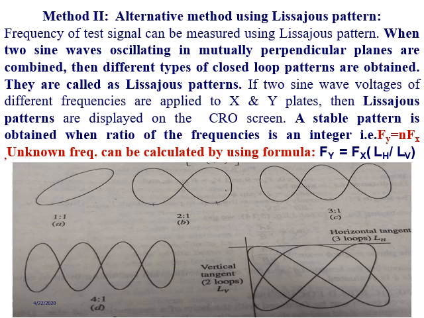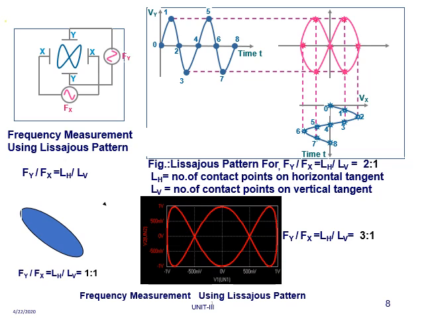A few examples are discussed in the next slide. So here you see in this figure we are getting the horizontal 8 figure, that is the closed loop pattern or Lissajous pattern of figure of 8. Here the number of points in contact with the horizontal tangent is 2 and the number of points in contact with the vertical tangent is 1.